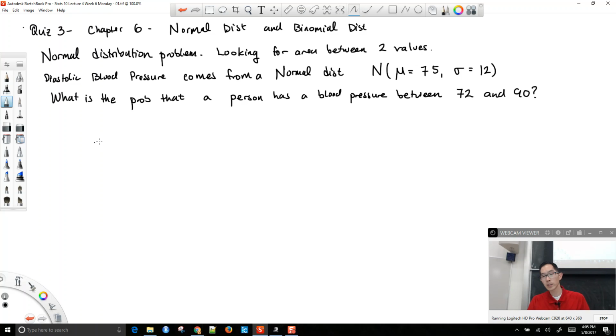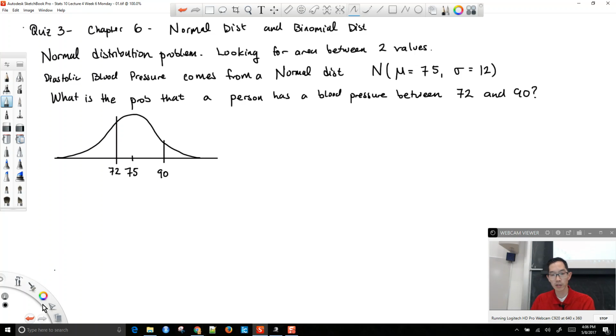And so the way we are going to answer this, I'll draw a picture here. So I've got this curve, and in this curve, I'm going to put 75 right here in the middle. 72 is smaller than 75, so it goes to the left of 75. And 90 is bigger than 75, so it goes to the right of 75.